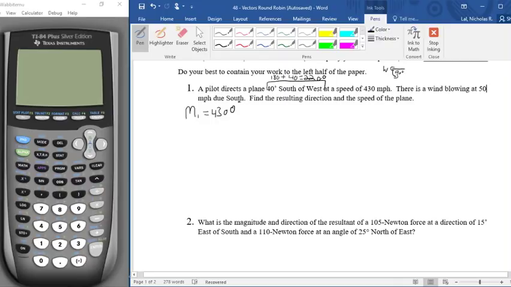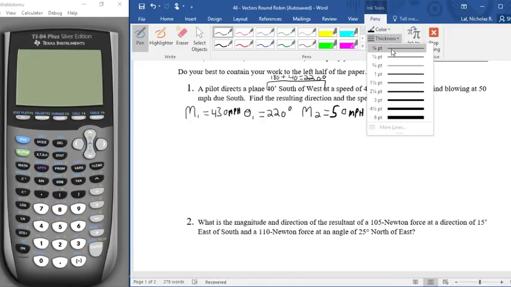And our theta 1 is going to be equal to 220 degrees. Then we have our second magnitude, M2, which is equal to 50 miles per hour.